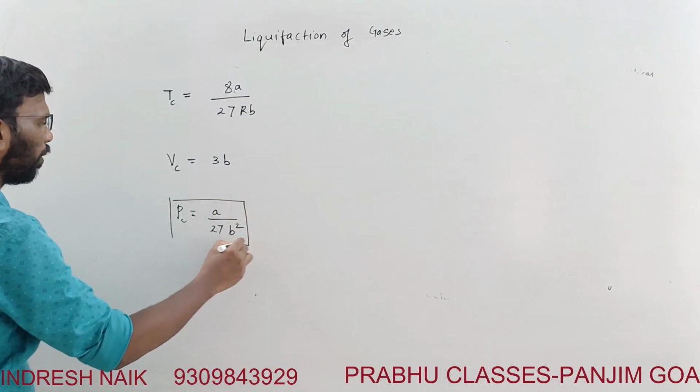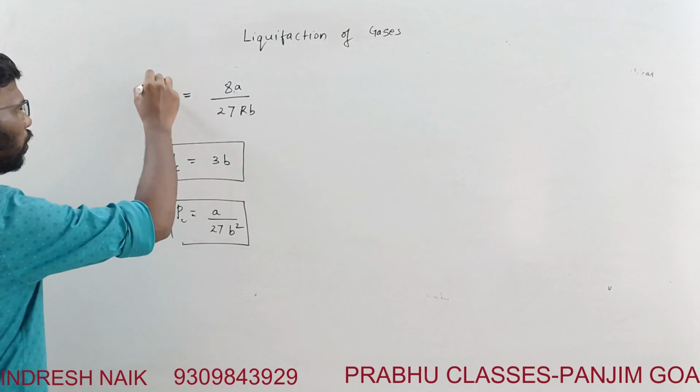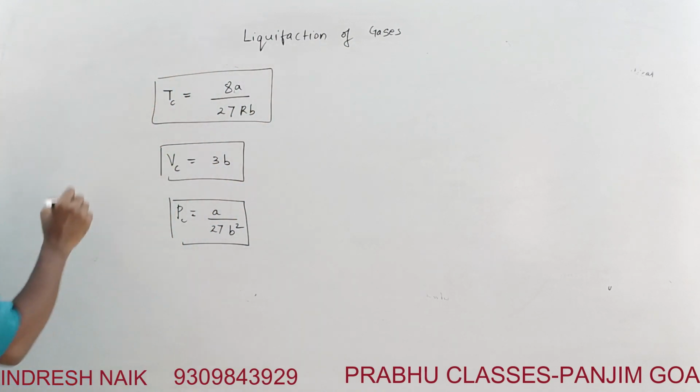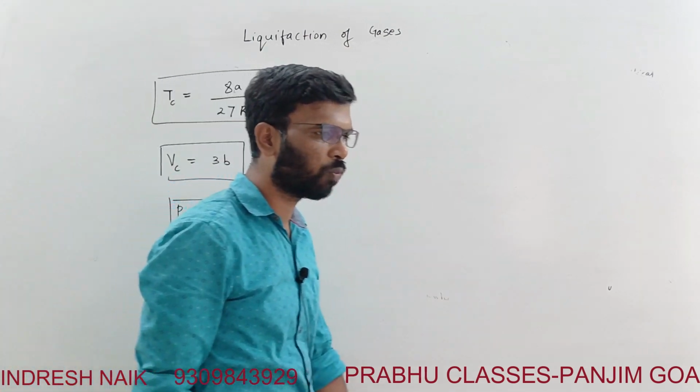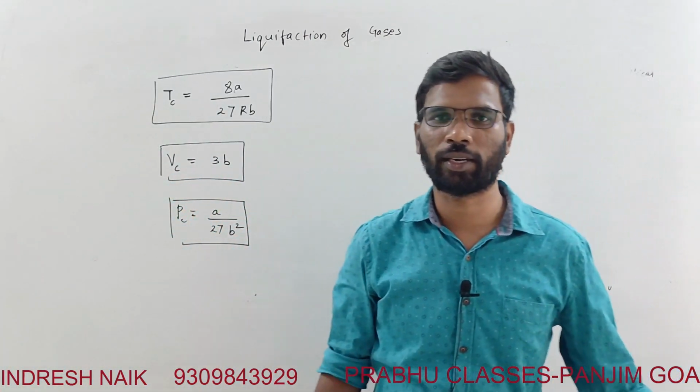These are also very important relations, and they will help you. TC is the critical temperature, VC is the critical volume, and PC is the critical pressure.